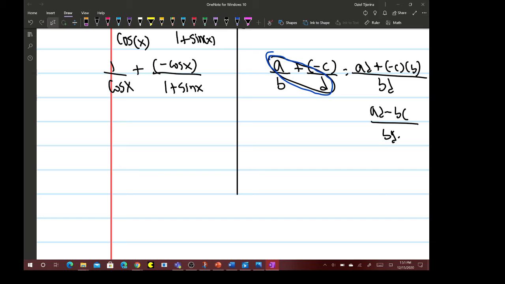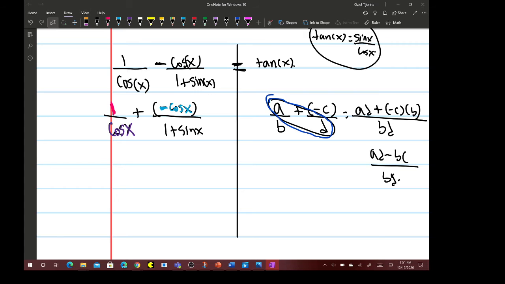So if I color code my parts here, this is negative cosine x, and this one is going to be 1 plus sine x.